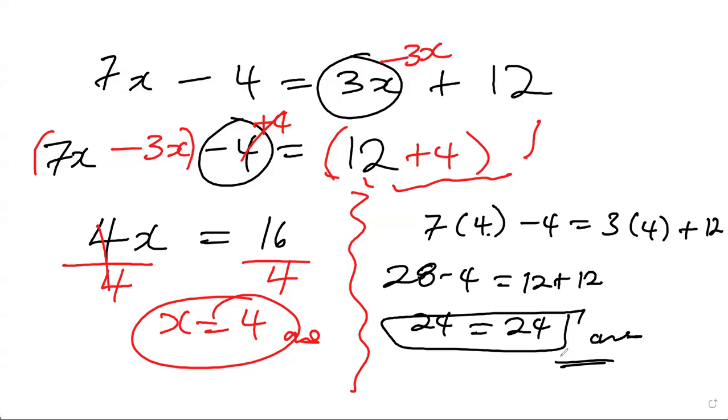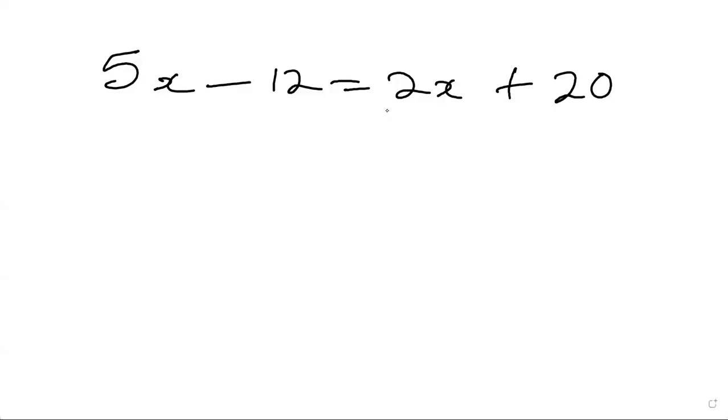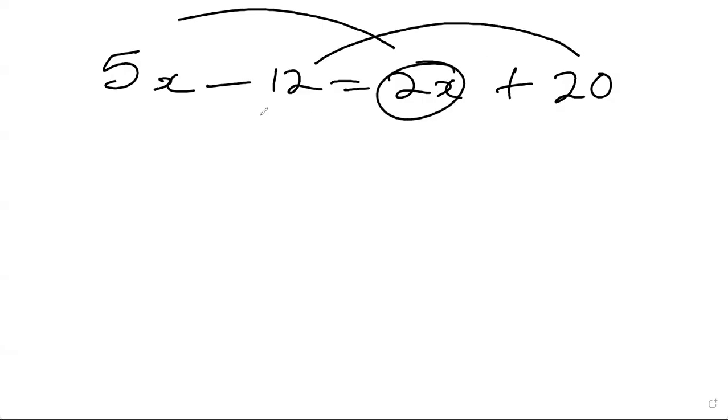Your time now, guys. Make a note of this and we could try another. So we have 5x minus 12 equal 2x plus 20, right? So these are the like terms. So we're going to get rid of this by subtracting.